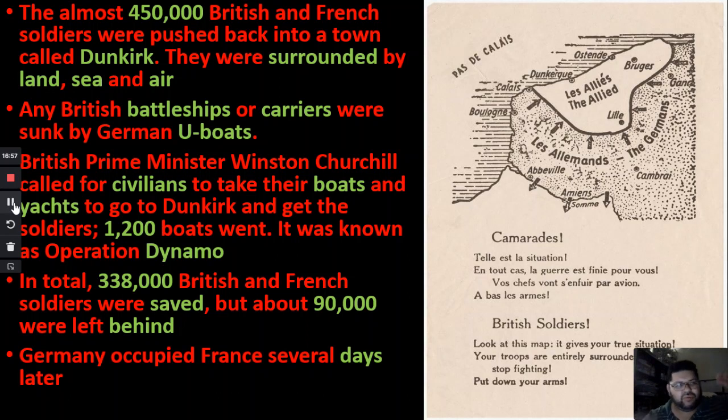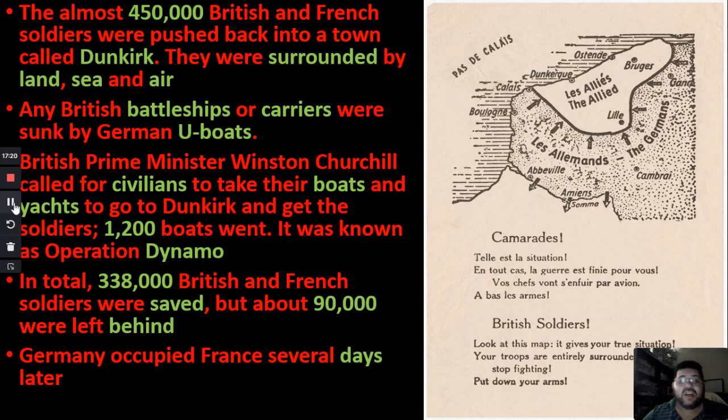So he's like, so those torpedoes are going to go zoom right through, and they're not going to hit the bottom of the boat, right? No. And he makes a call. Tell all the civilians in Britain, anyone who has a boat, go to France, to Dunkirk, save as many men as you can, bring them back.